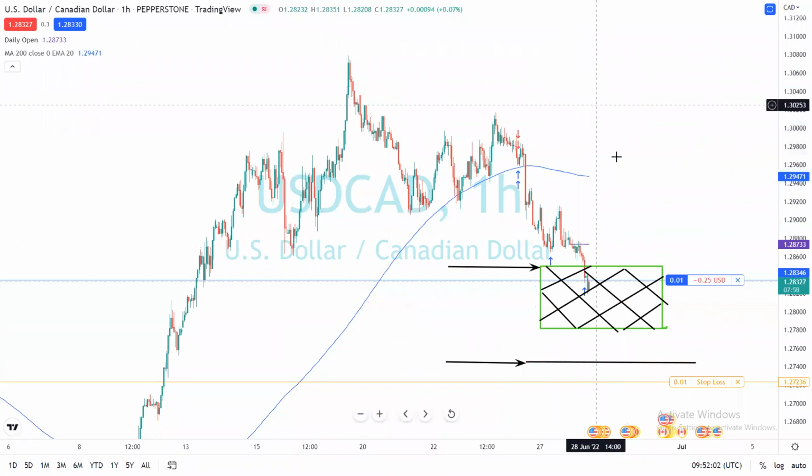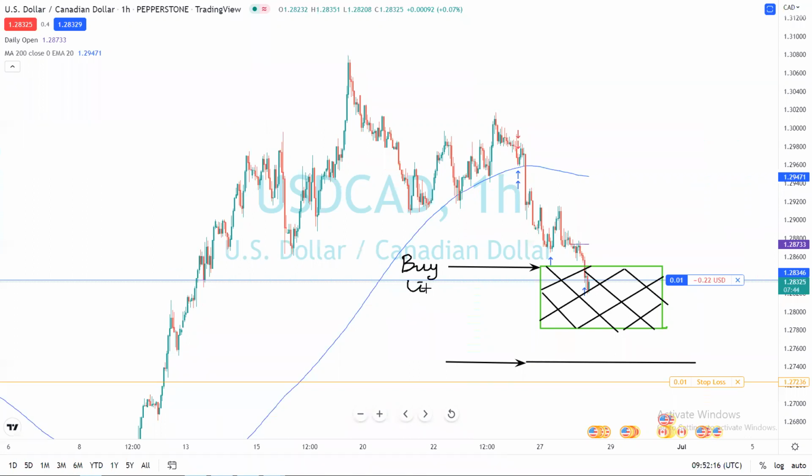So this is where you would typically put your buy limit. This is where you put your buy limit, but your stop loss should exactly be at the 1.618%.